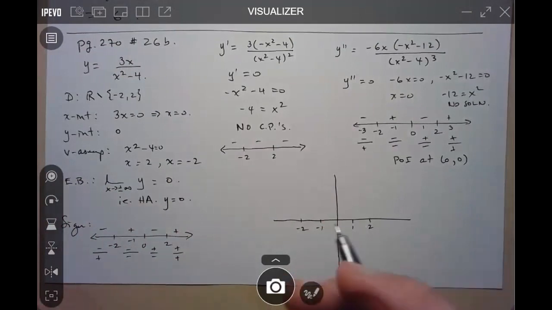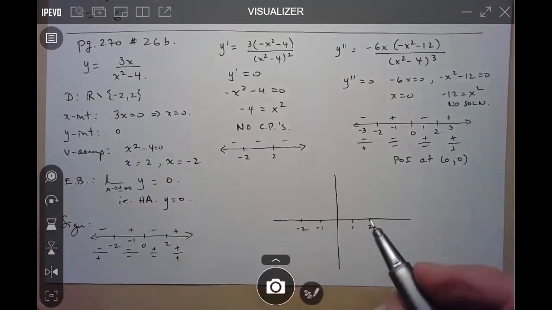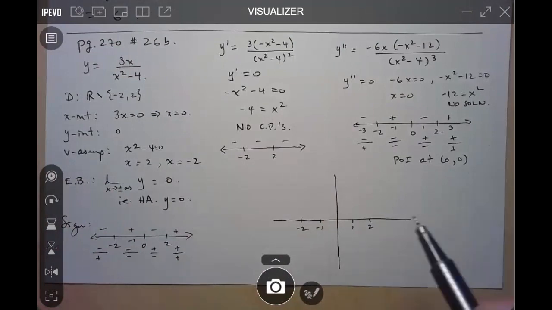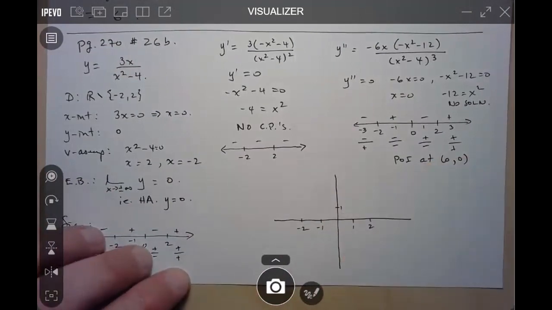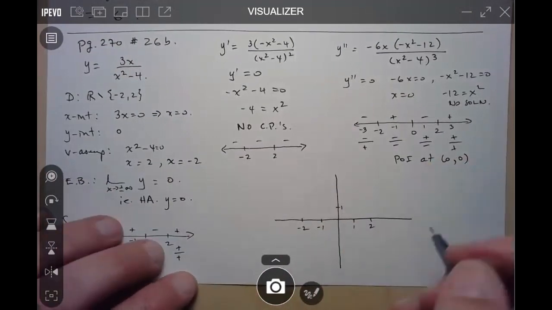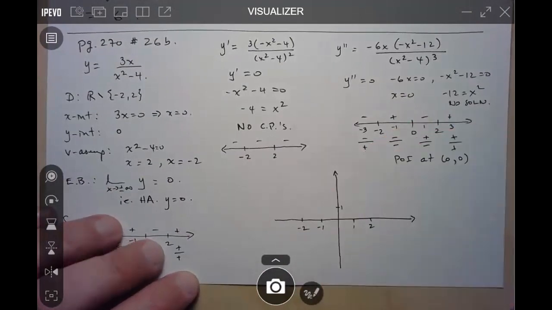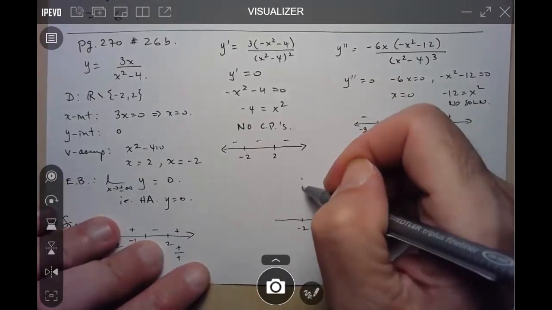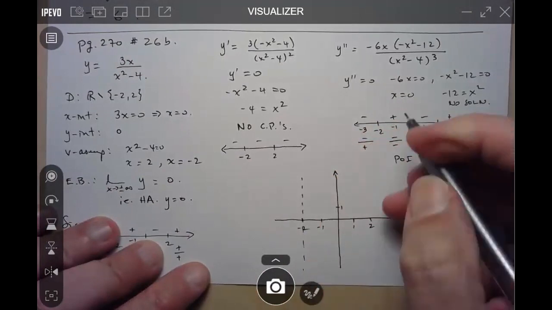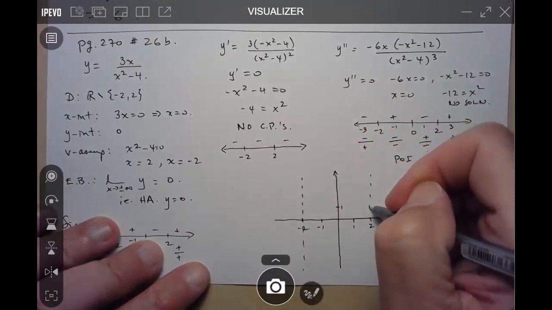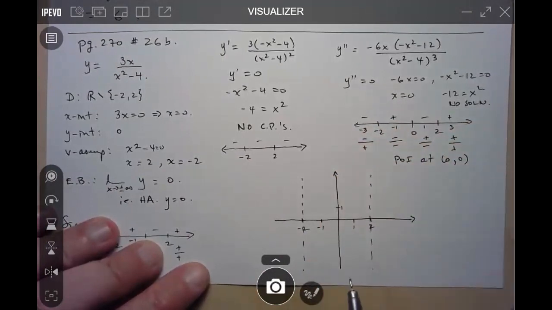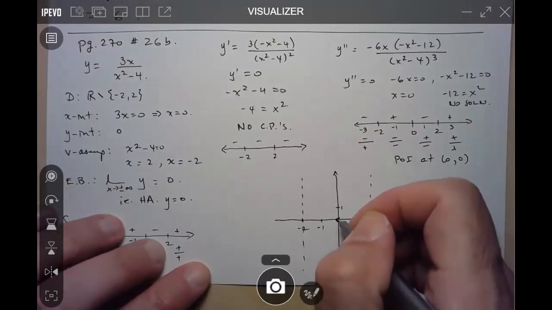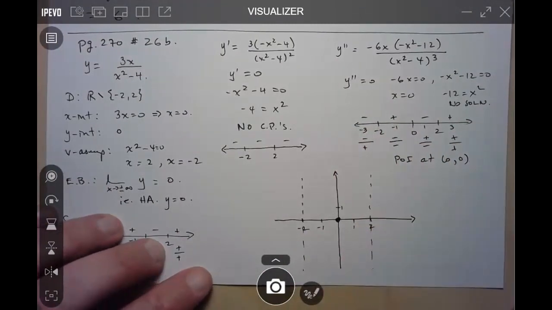The only y value I think I have to deal with is 0, so I'll just put 1 there just to say that I have a scale. I've got my vertical asymptote, my other vertical asymptote, and the only point of interest is at 0, 0, which is both the x-intercept and the point of inflection.